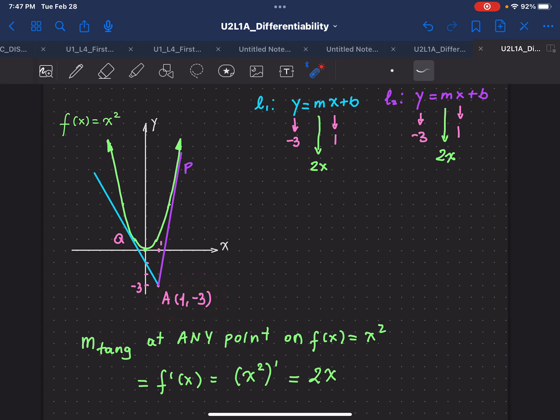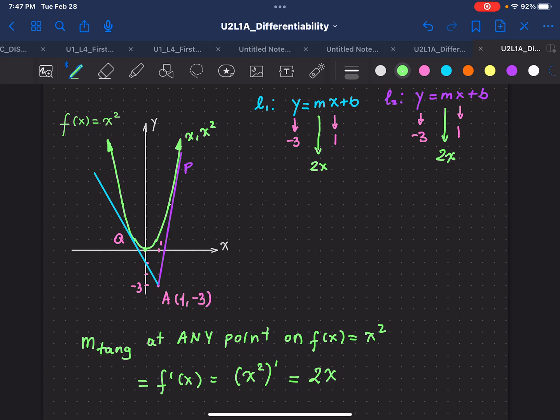And what we're going to do is actually try to write the equation or the slope of the tangent by using this point in here and the points either P or Q. So remember that points P and Q will be points on the graph of the parabola, and any point on the graph of this parabola will have the coordinates x and x squared.